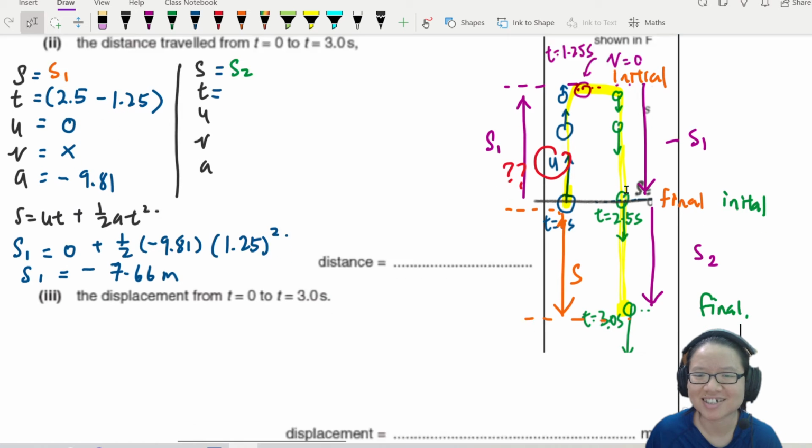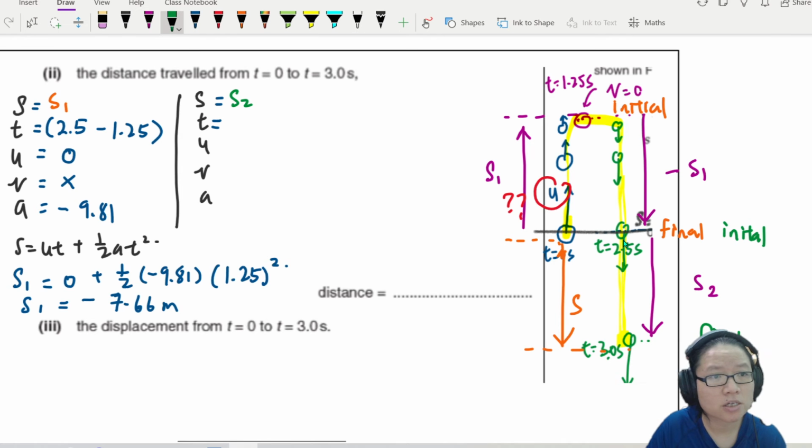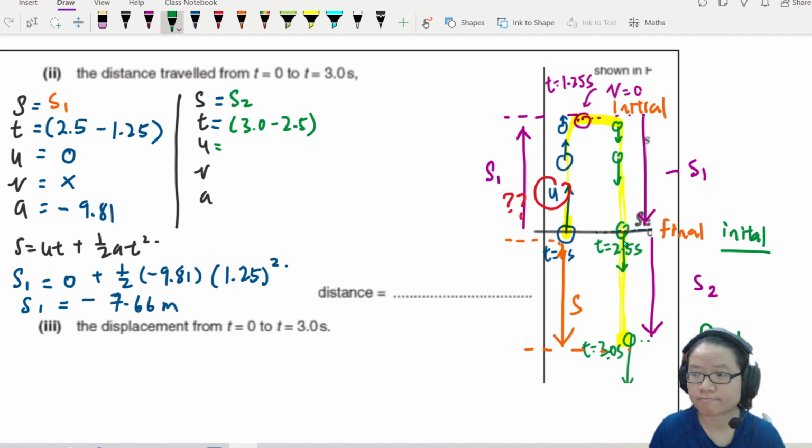Here's your initial, here's your final. So the time interval is 3 minus 2.5, so 3.0 minus 2.5, 0.5. What's the speed here? If you take this initial, do you know the speed? We don't know. We can find it, I guess, but I would like to not look for it.